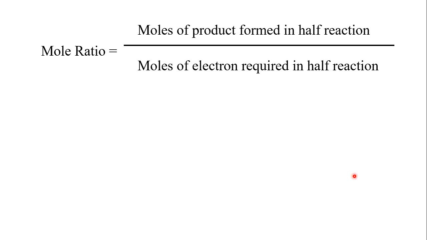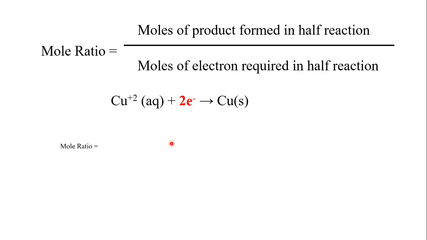So here 2 moles of electrons are required for the production of 1 mole of copper, and therefore you have to calculate the mole ratio. And how is the mole ratio calculated? Mole ratio is equal to moles of product formed in the half reaction divided by moles of electrons required in the half reaction. Now in this reaction, the number of moles of electrons required is 2 and the number of moles of product formed is 1.